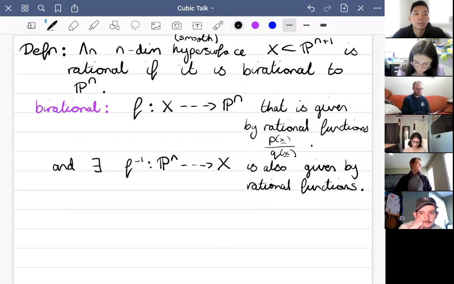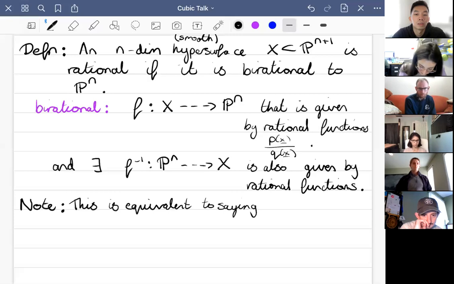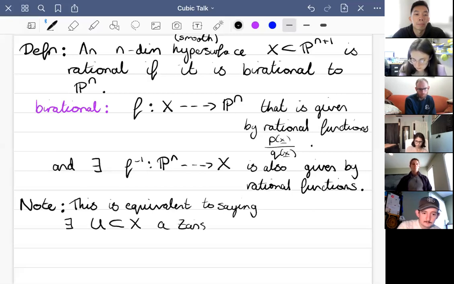So one thing to notice, also note, this is equivalent to saying that there is an open set U of X. So this is a Zariski open set.